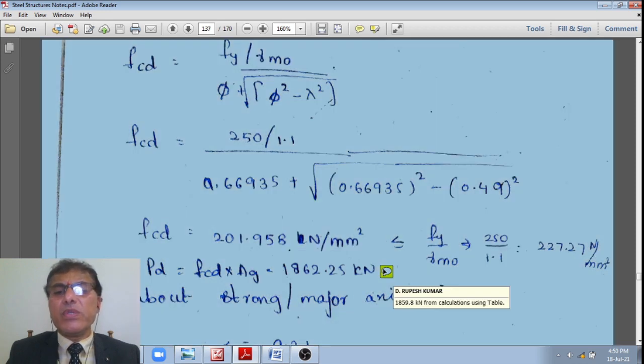Whereas using the table in the previous case we got 1859.8. Hardly is it differing, by a value of 2.45 kilonewton. Compared to that 1860, it is hardly even 0.01 percent, which is a negligible error.